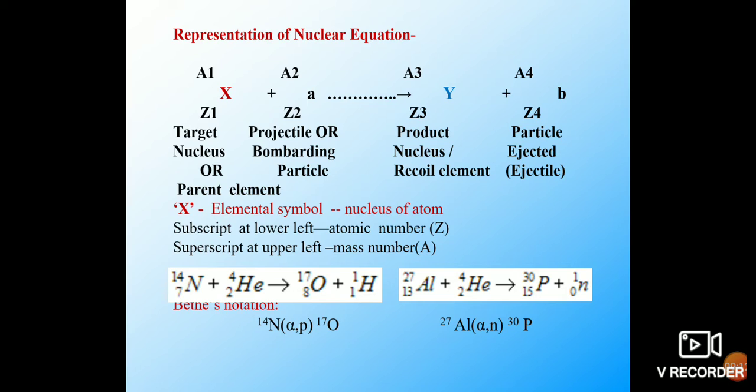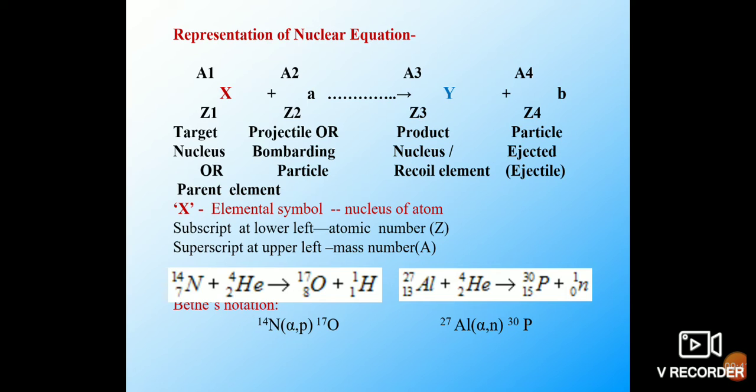Okay, now see here, X stands for one nucleus of an atom. So X is the one element, and this element has atomic number Z1 and mass number A1. Z stands for atomic number, A stands for mass number. So X stands for the target nucleus.